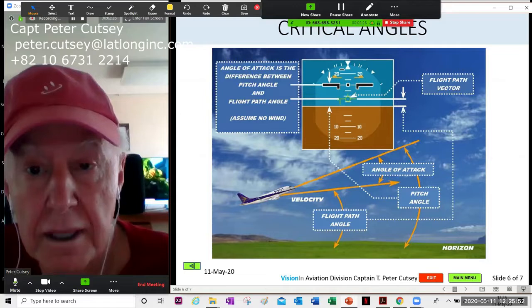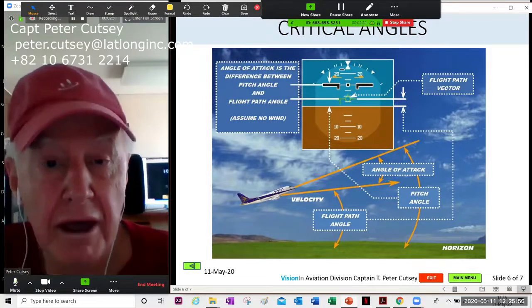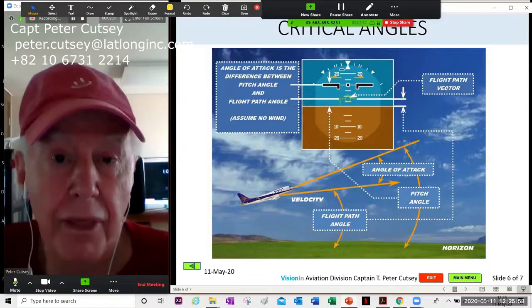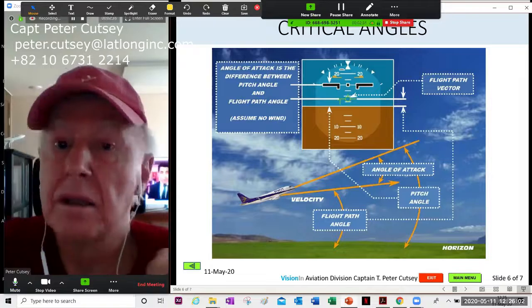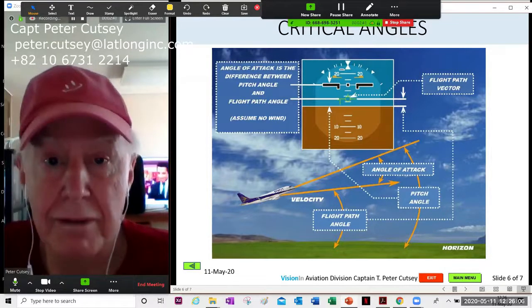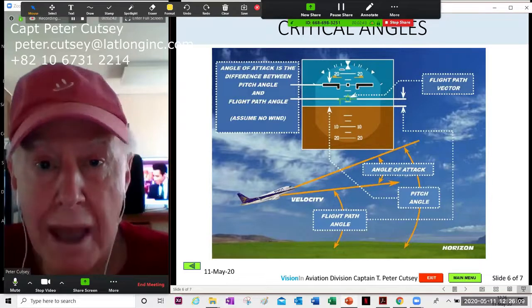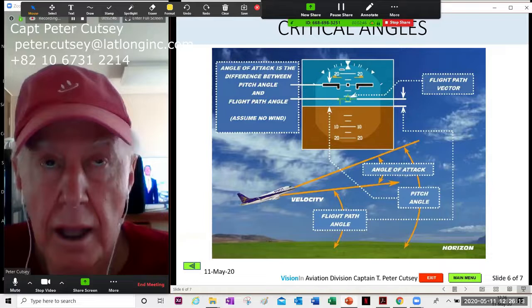The second angle is called the flight path angle. Well, what is the flight path angle? That's the actual angle that the aircraft itself, its flight path, is making with the horizon. A good way to think about that on takeoff is as follows.